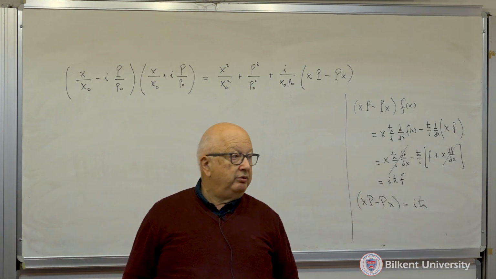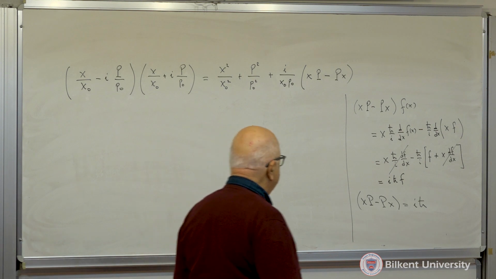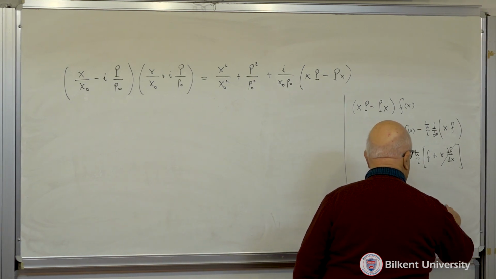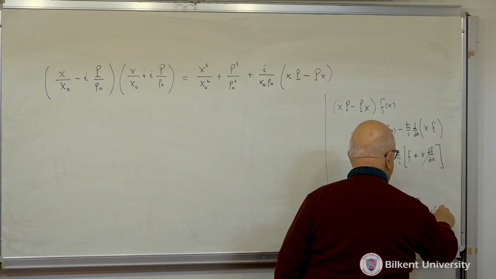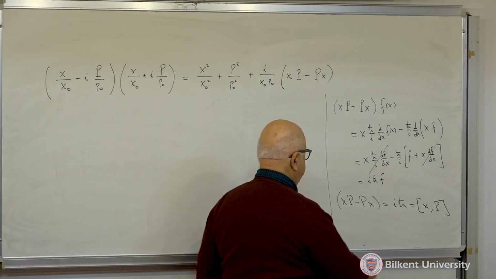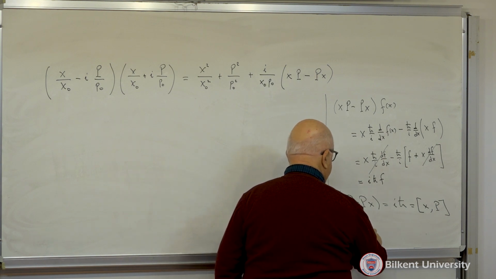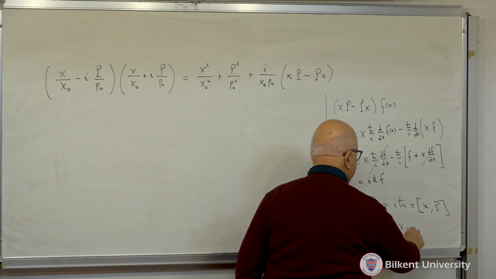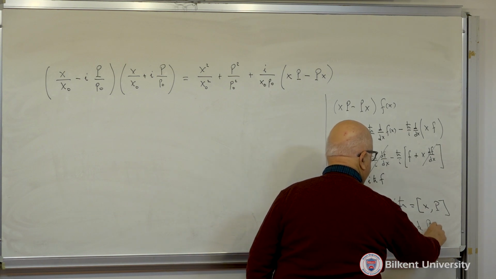So that is called the commutator of x and p, and this is a useful quantity. We'll write it as x first, p next. So this is the commutator of x and p.